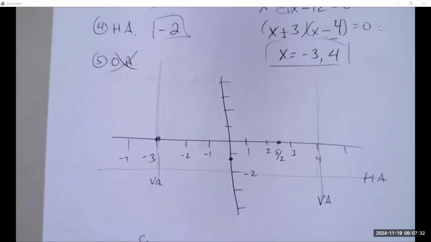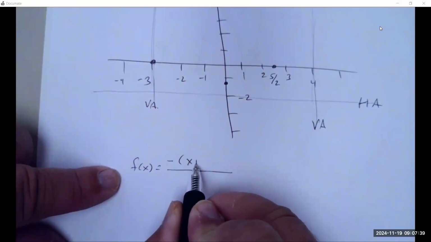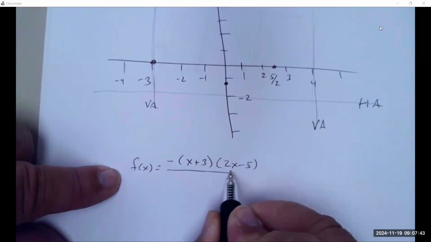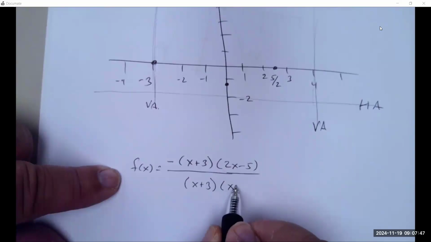If we look at our function after we factored it, we got negative x plus 3, 2x minus 5, over x plus 3, x minus 4.